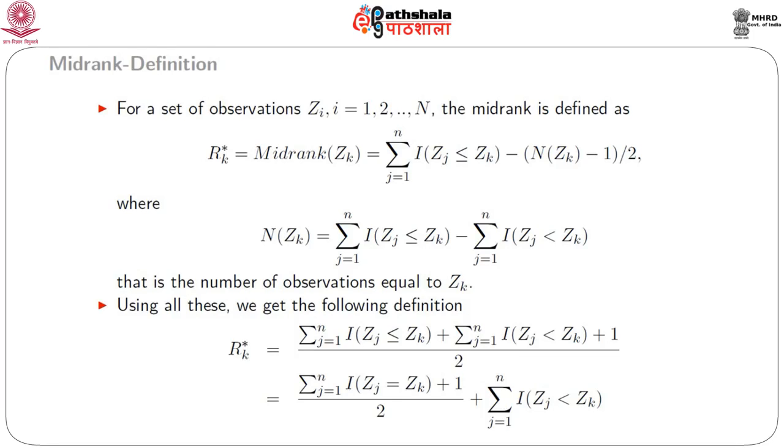Thus, if we incorporate all these things into a single quantity, we get the definition of Rk star as the summation over j from 1 to n of the indicator of Zj equal to Zk plus 1, the whole thing divided by 2, plus the summation over j from 1 to n of the indicator Zj less than Zk.